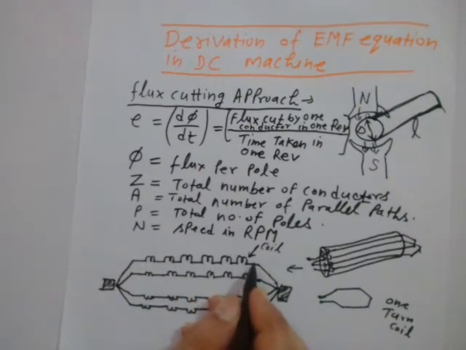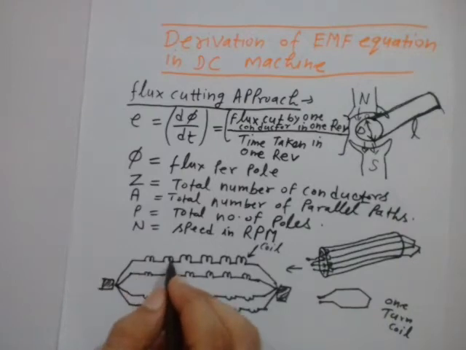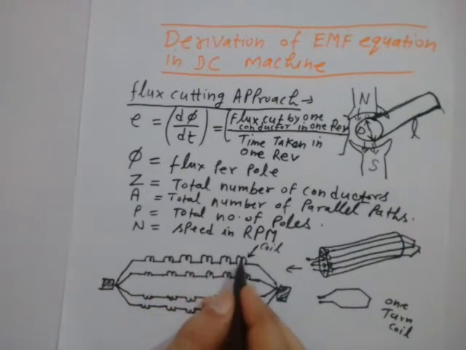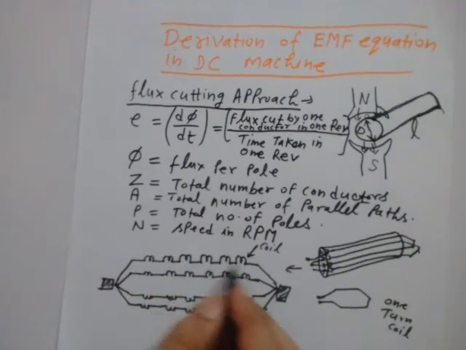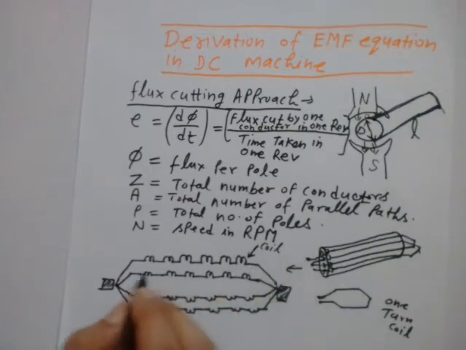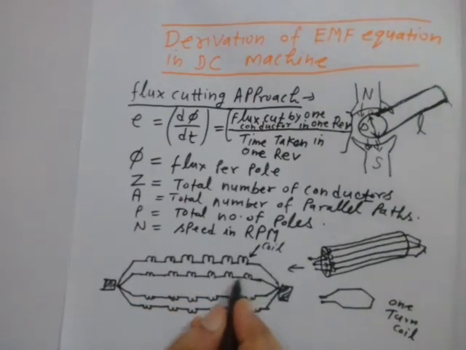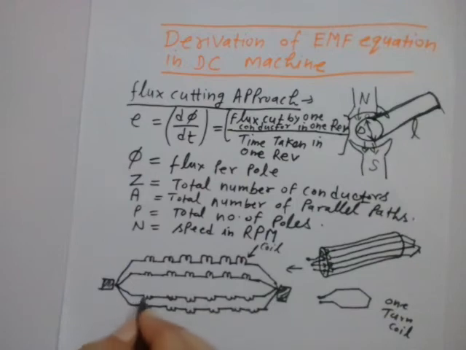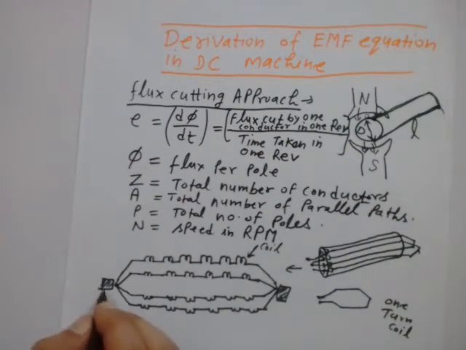This is one coil, second coil, third, fourth, fifth, sixth, right? Similarly in this parallel path, these are the series connected coils. So likewise here in this parallel path, right? This particular structure that you are seeing is the brush basically. This is another brush. So this is one brush, this is the second brush, right?